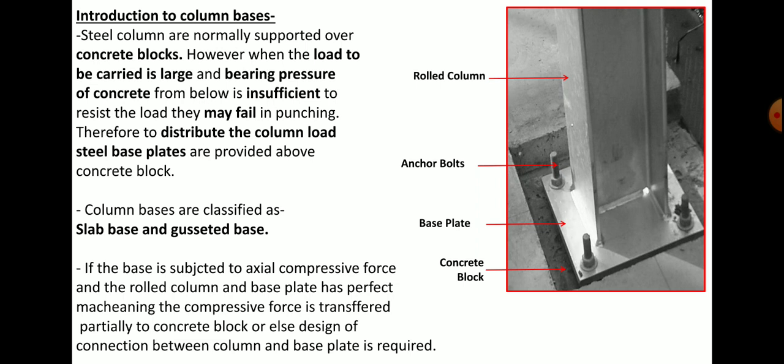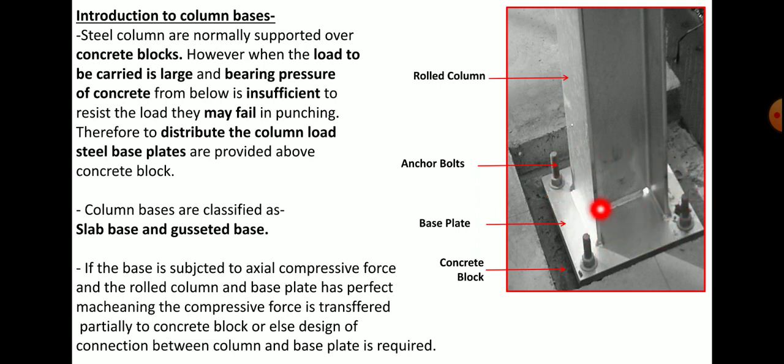If the base is subject to axial compressive force and the rolled column and the base plate have perfect machining, the compressive force is transferred partially to the concrete block. So when your column section is connected with the base plate with perfect machining, there are no gaps at the edges and the column is exactly vertical on the base plate.